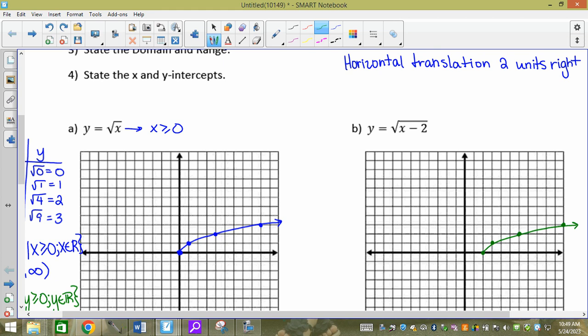So we have x minus 2 has to be greater than or equal to 0, because all of x minus 2 can only be equal to 0 or a positive number, right? And then we add the 2 over. And we get x has to be greater than or equal to 2. So that's my domain, which, as you can see below, is my domain. But I didn't have to sketch the graph in order to figure it out.